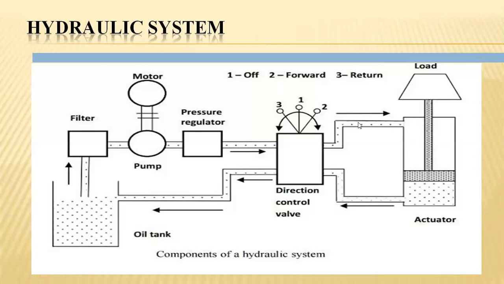Simultaneously, for the return stroke to commence, the third position needs to be highlighted, which is the one we are showing in the diagram. In the retracting condition, the piston moves from the top dead center to the bottom dead center and the oil returns back to the oil tank.